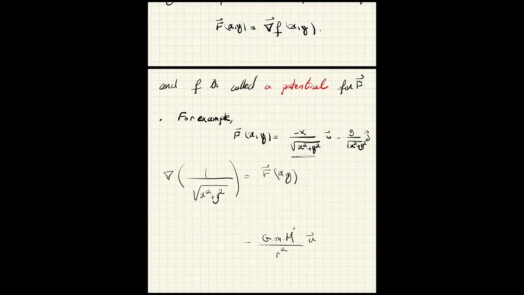This is the mass of the Earth, this is your mass, and this is the amount of force applied against you when you move. Okay, so this is a conservative field. Okay, so this is just to introduce you to this.